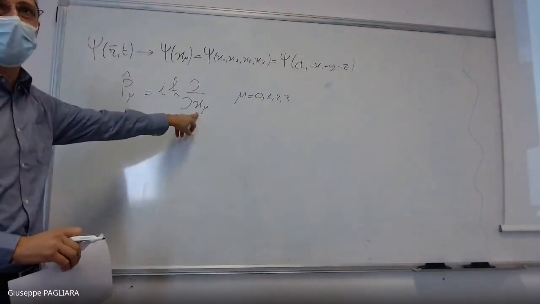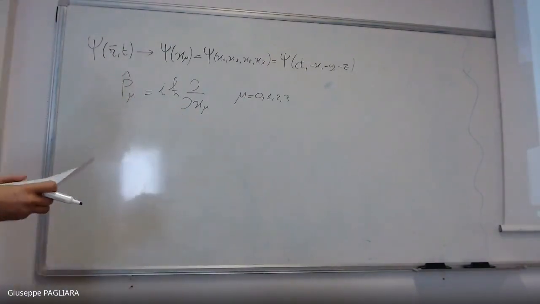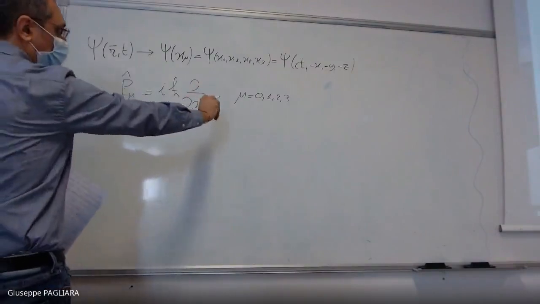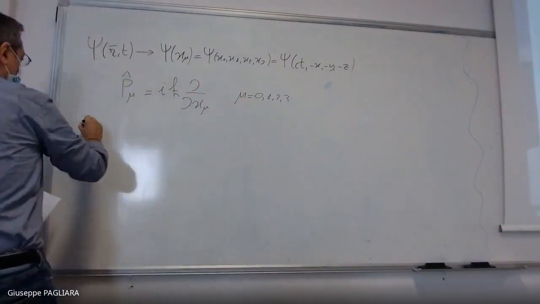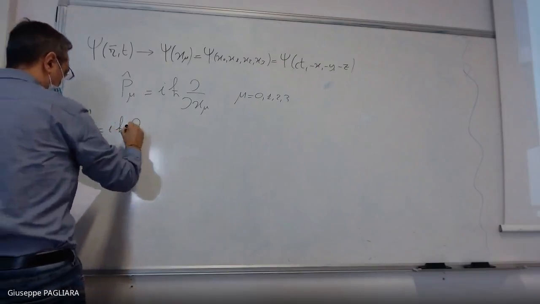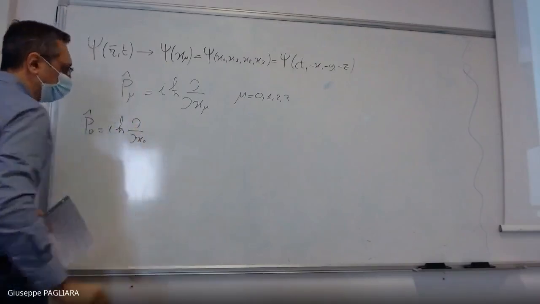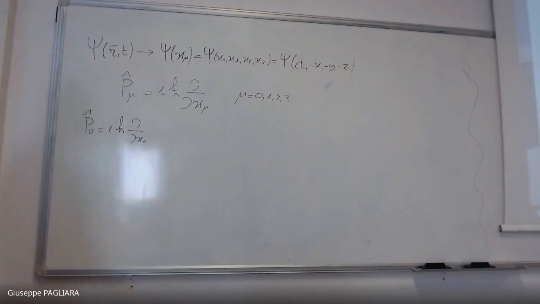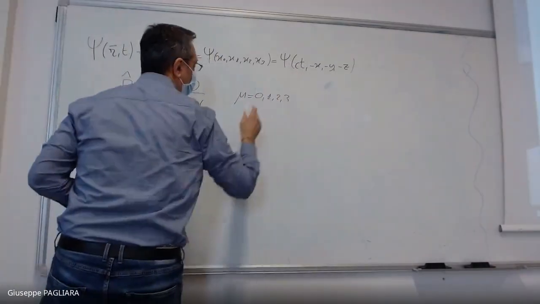So let's consider, for instance, the zero component, μ equals 0. So P^0 is iħ ∂/∂x^0. And x^0 is just c times time.